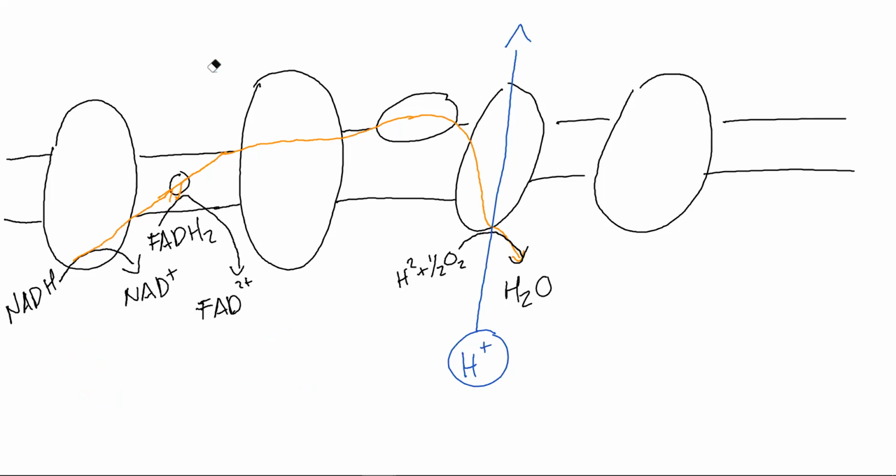So there's going to be a bunch of random H plus ions just floating out here. Now, why is that important? Because the fact there are this many just floating out here means they can perform the last step.